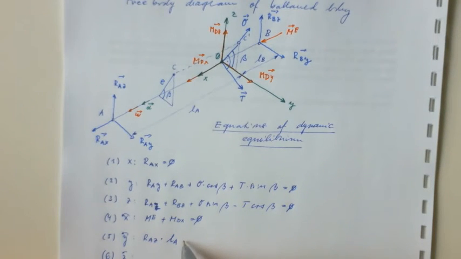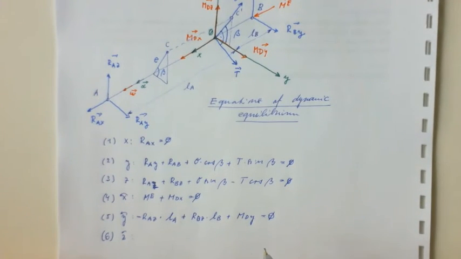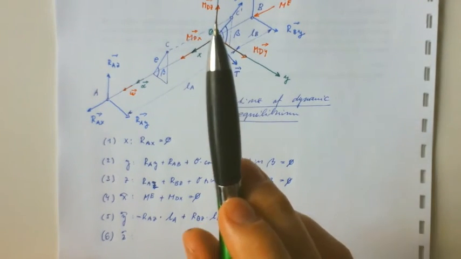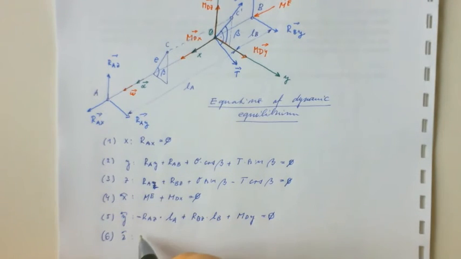So we can continue with minus this plus Rbz by Lb plus Mdy is equal to 0. And moments about z. So it is Ray by La minus Rby by Lb plus Mdz.